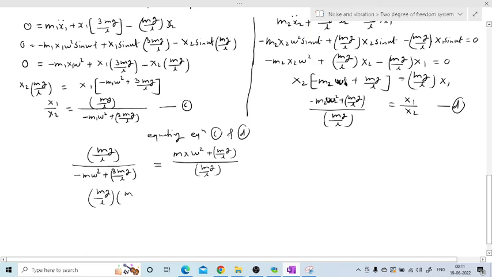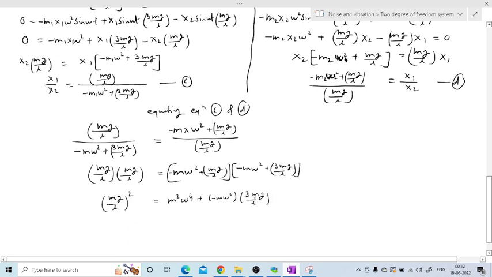Now multiply to the second term, so minus m omega square into 3 mg by l. Now multiply to the second term, plus mg by l into minus m omega square. Now multiply this next term, so mg by l into 3 mg by l.